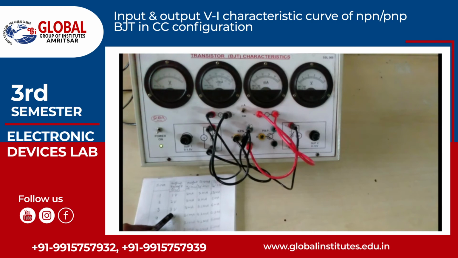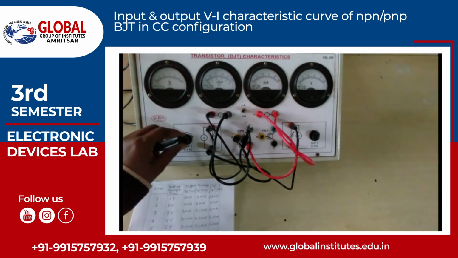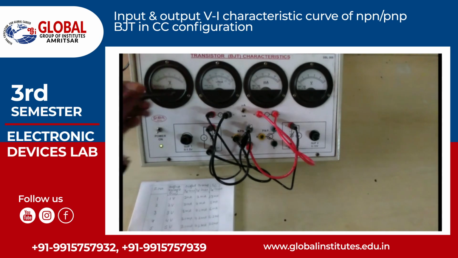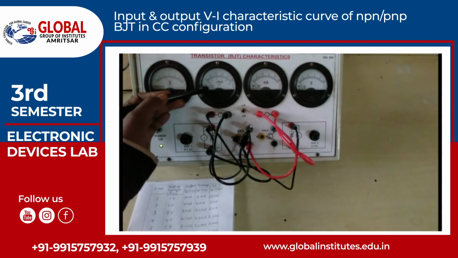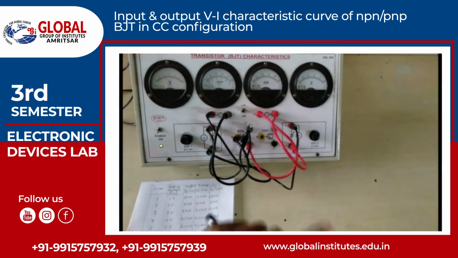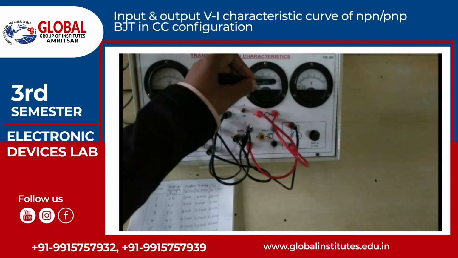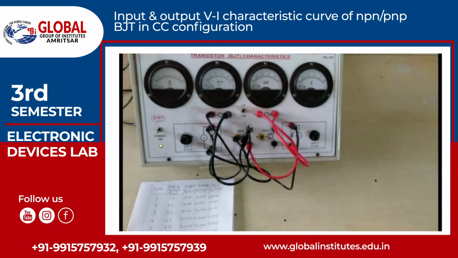First of all, set the base current to 10 microampere. We will increase the input voltage and set the input current at 10 microampere. Okay, now this is the 10 microampere. Now increase the voltage of the output in steps and find the emitter current.